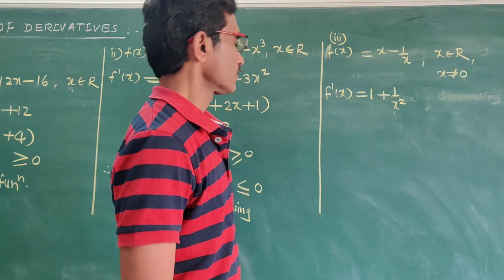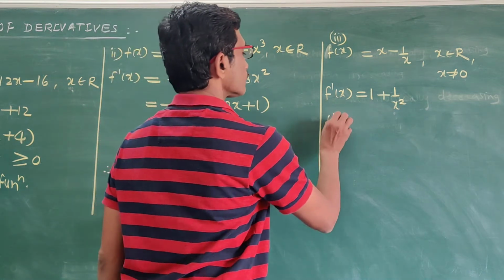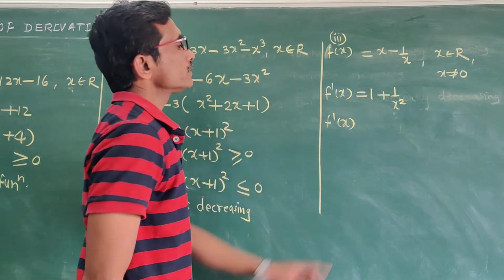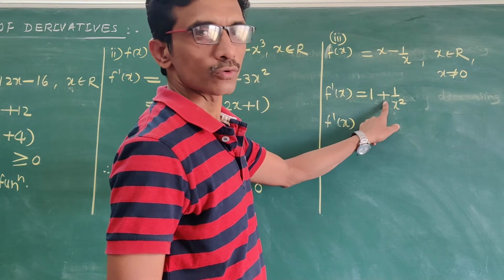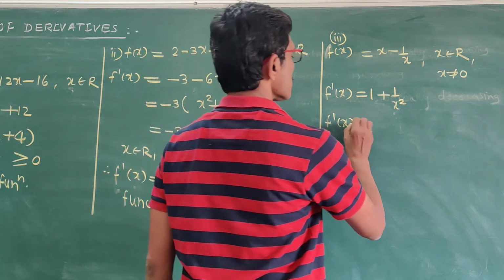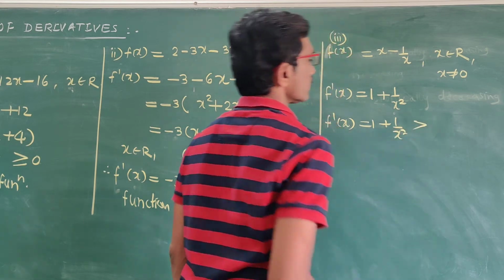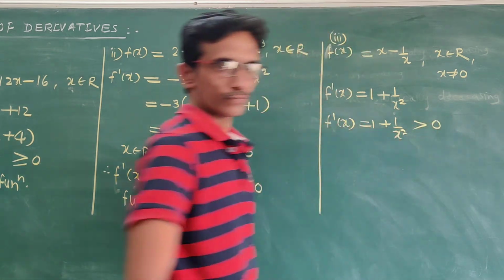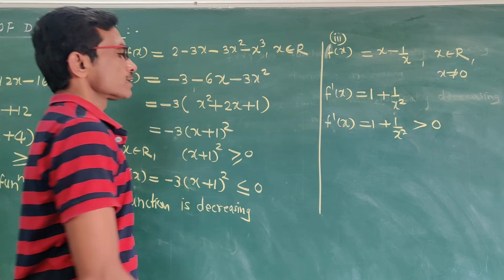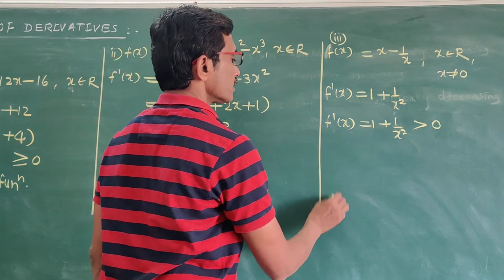That means f'(x) = 1 + 1/x² will not reduce to 0, and it is strictly greater than 0.